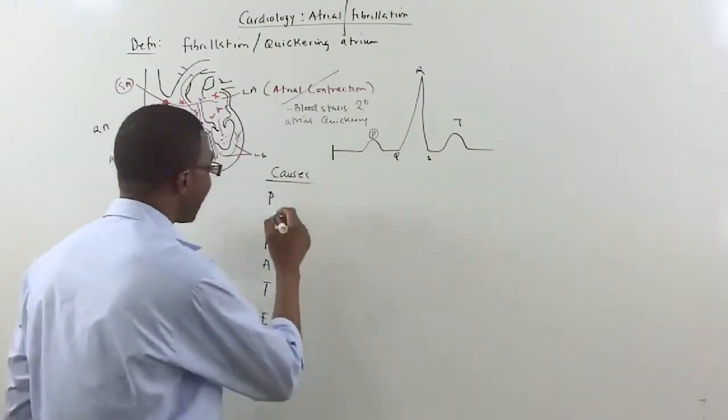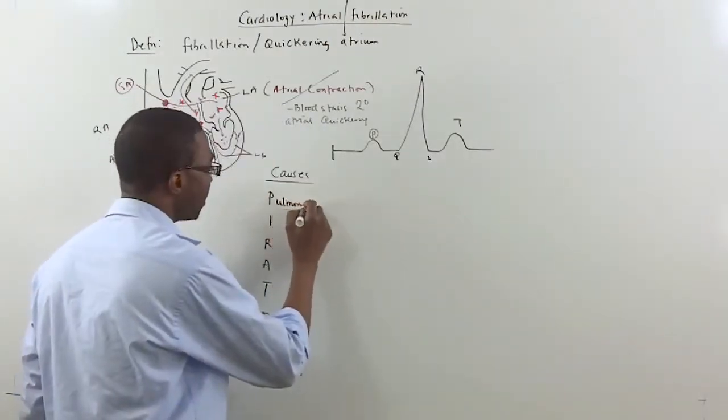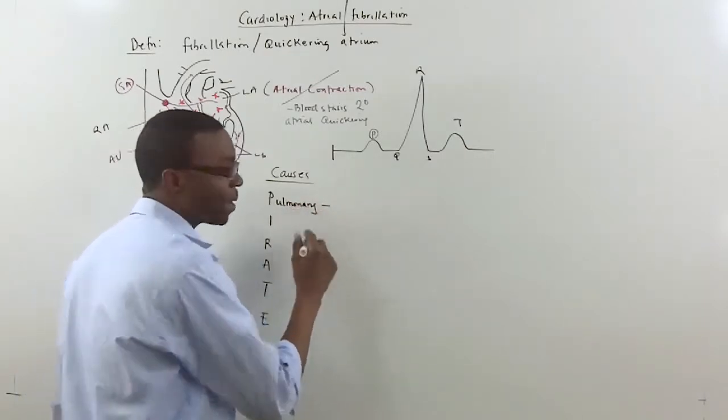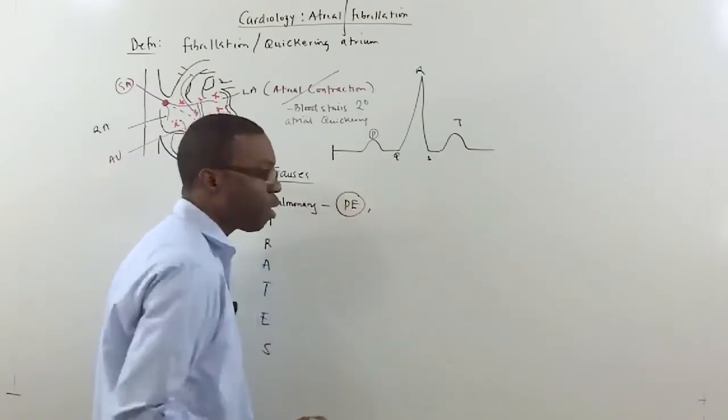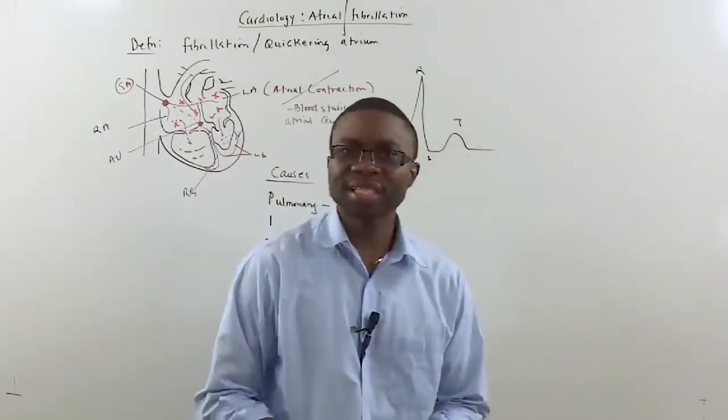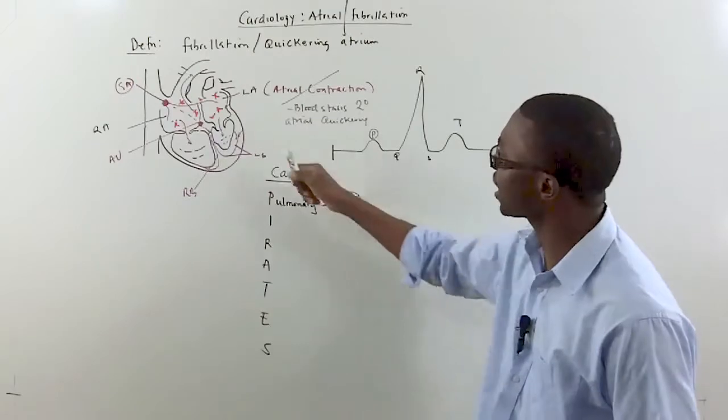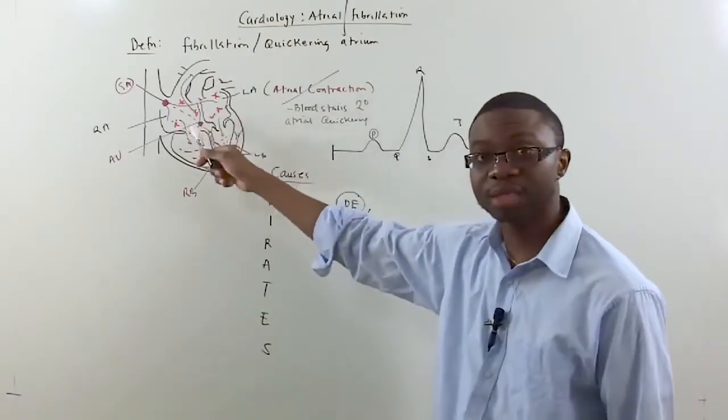Well, the mnemonic stands for pulmonary, and the pulmonary means patients that have pulmonary embolism. Pulmonary embolism. Well, if patients develop pulmonary embolism, how can they develop atrial fibrillation?